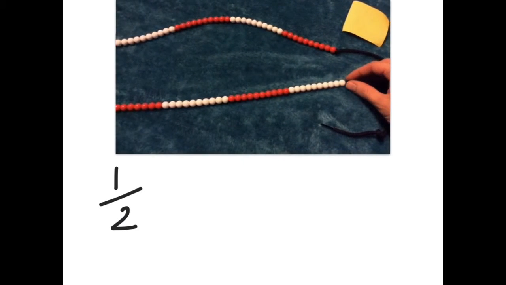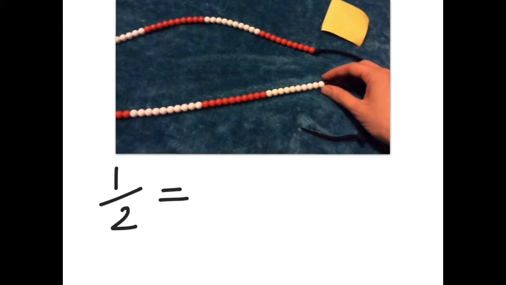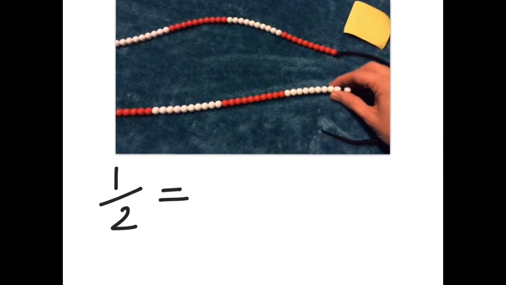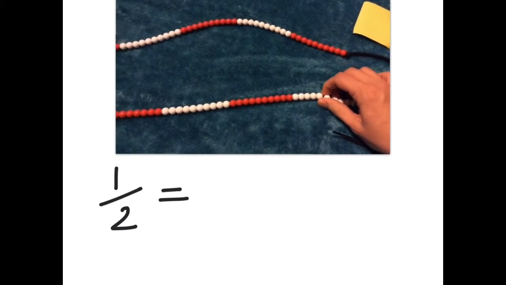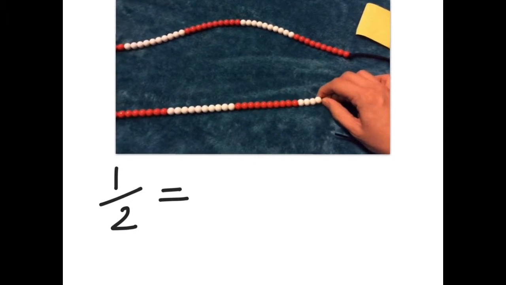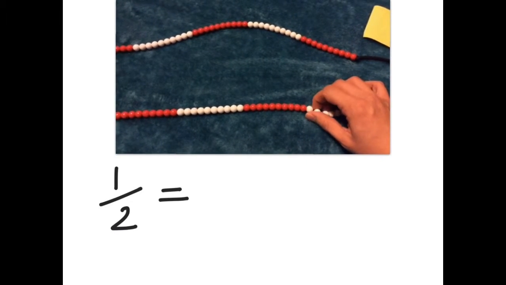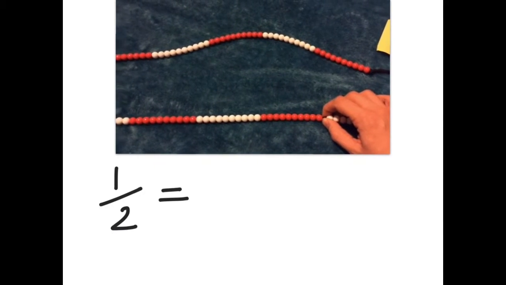Now we can relate that to a decimal, because if we imagine that we're looking for half of 1.0, well, how much is that? Well, all we'd have to do is count the number of beads here. Okay, so we'll go from 0.01, 0.02, 0.03, 0.04, 0.05, 0.06, 0.07, 0.08, 0.09, and 0.1.